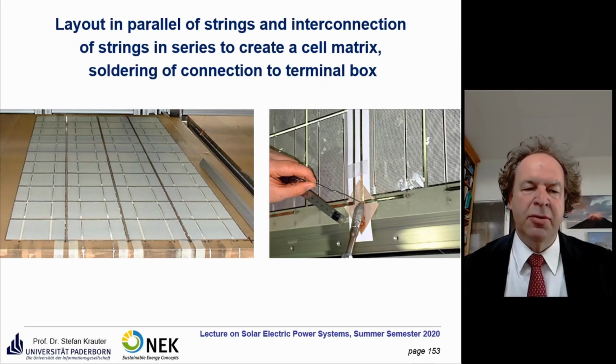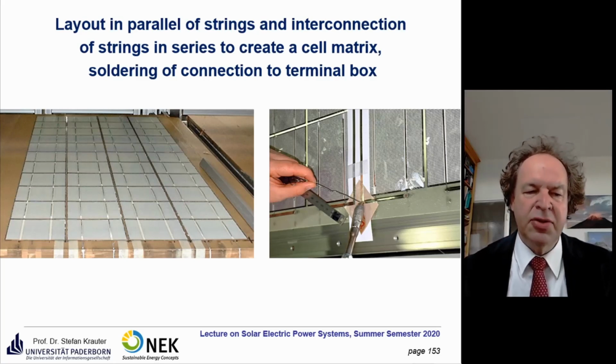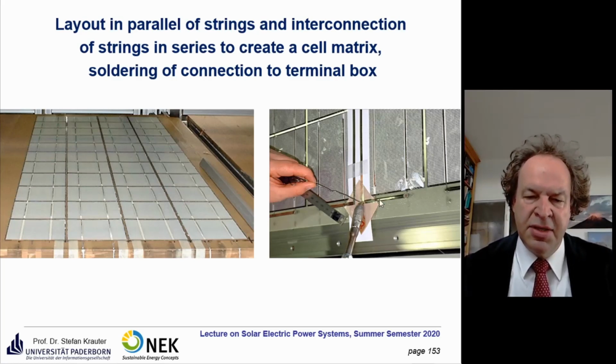Here you see the soldering of the strings together into the so-called solar matrix. On the right side, you see the soldering of the matrix together, and here you see some stripes going to the terminal box at the end. In the terminal box, you often find the bypass diodes and the interconnectors.